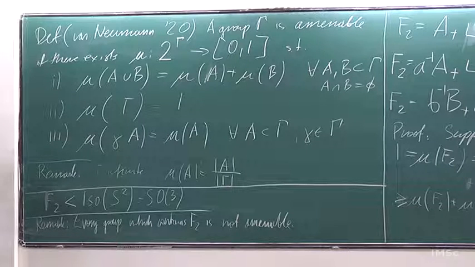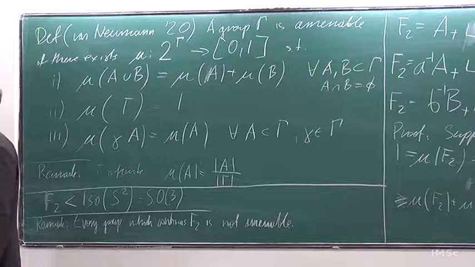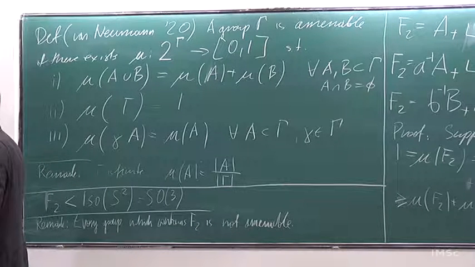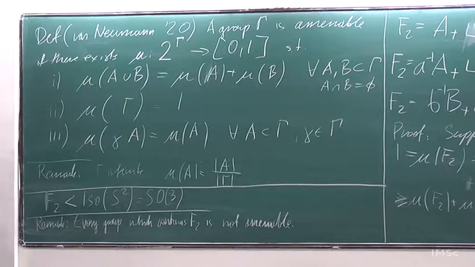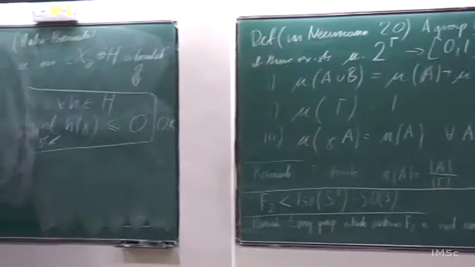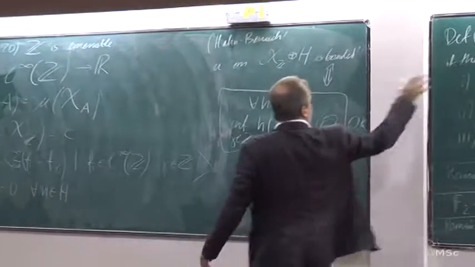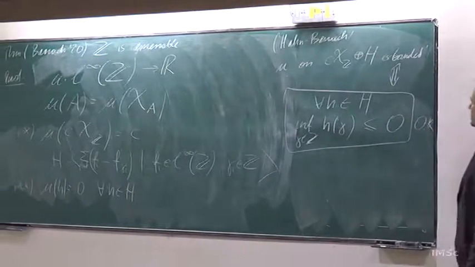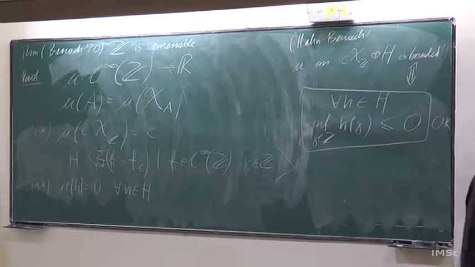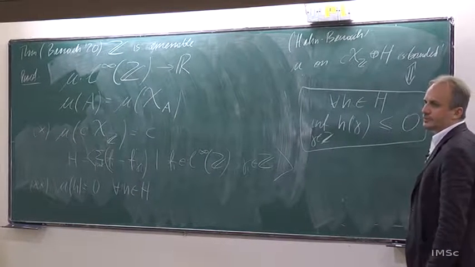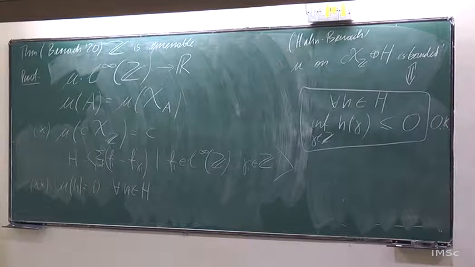It used the Hahn-Banach theorem, which is equivalent to the axiom of choice, and actually amenability of integers using this definition of von Neumann is equivalent to some form of the axiom of choice.